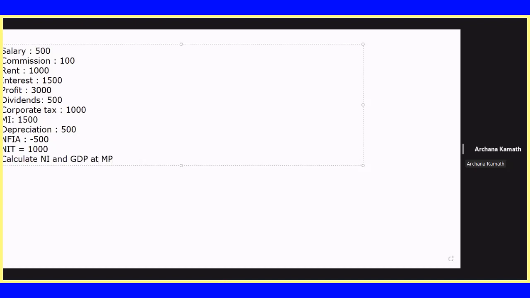As I mentioned earlier, they are not going to tell you what method to adopt. All these components are very familiar to you now, and they help you understand that you have to apply the second method. You have details regarding income in the form of salary, rent, interest, and profit. So the more appropriate method is the second method, the income method.